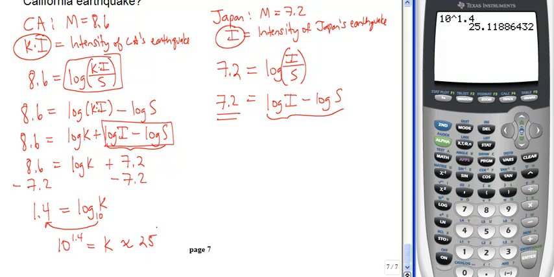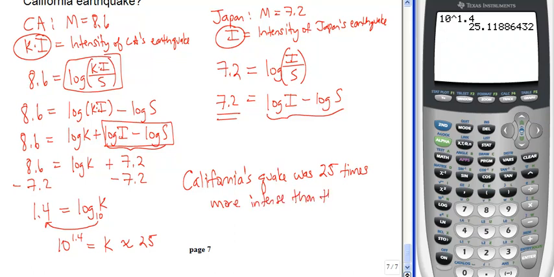Now what did this K represent? It was how much more intense the California quake was compared to the Japanese quake. So California's quake was 25 times more intense than the Japanese quake.